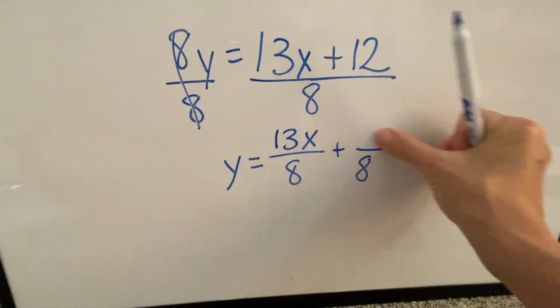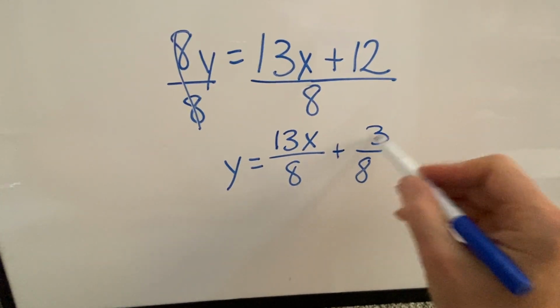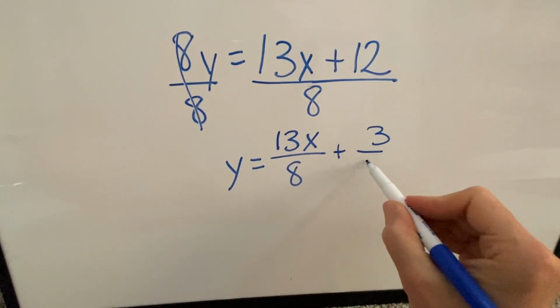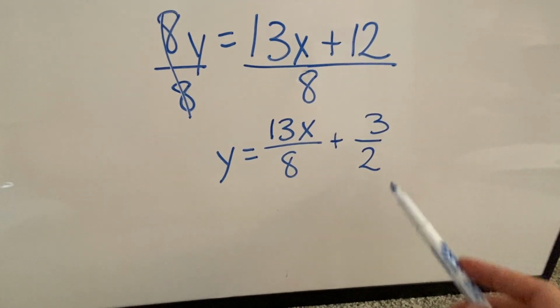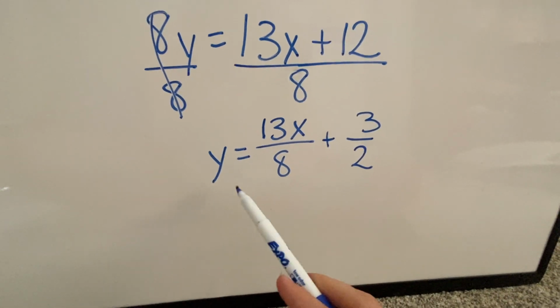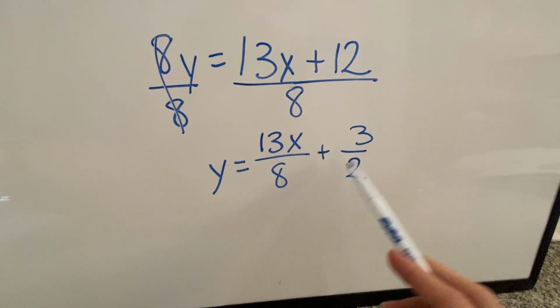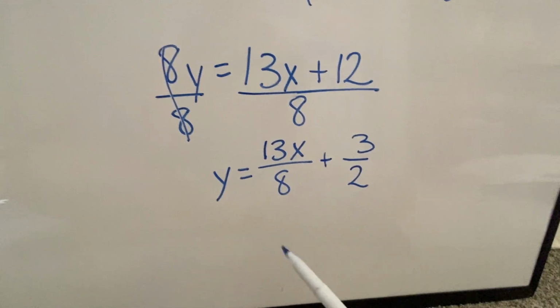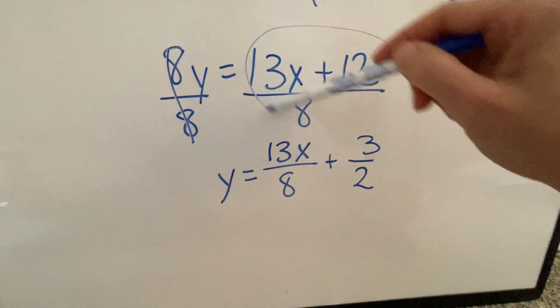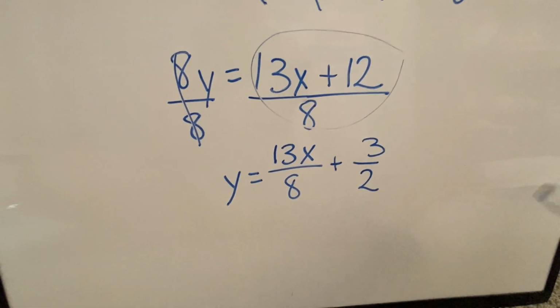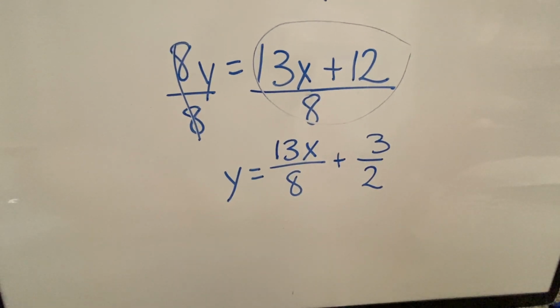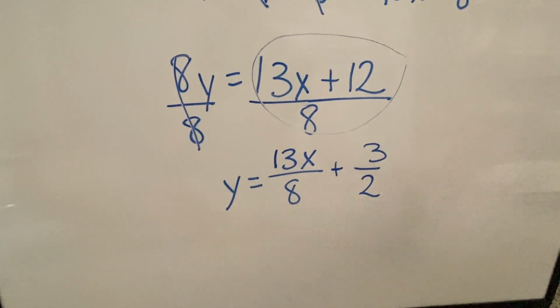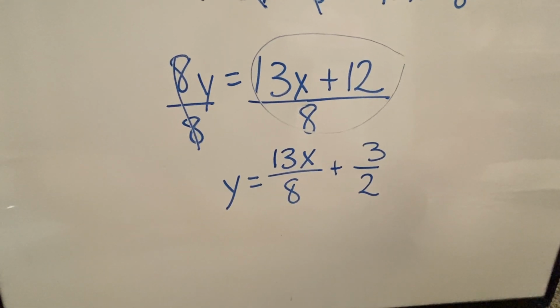So 12 divided by 4 is 3. 8 divided by 4 is 2. So you could even reduce it more by simplifying that fraction there. So y equals 13x over 8 plus 3 halves. Again, you could have written it like this. It means the same thing. Sometimes they'll want you to write it one way, and sometimes another. I'm going to be gracious and let you write it either way.